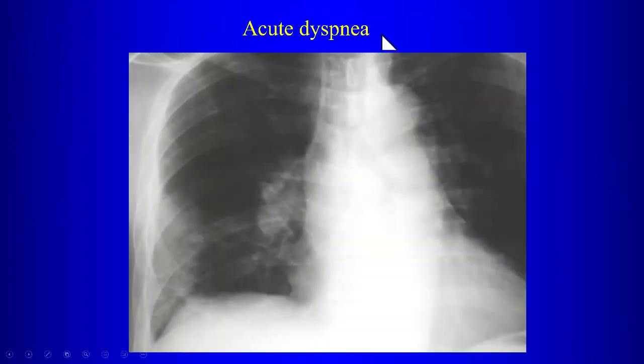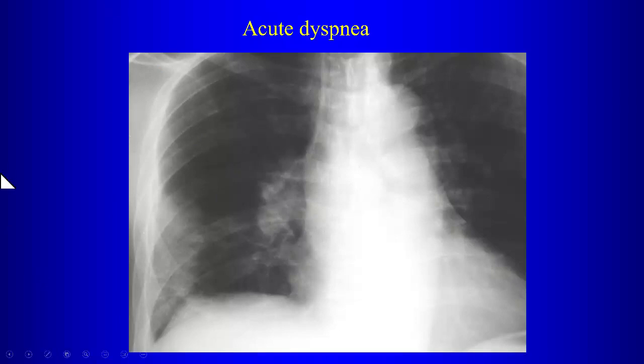Okay? Patient's acutely short of breath and has this chest radiograph. What's abnormal? Peripheral opacity. Yeah, you have a peripheral opacity here. Anything else abnormal? Yeah, that right hilum looks pretty juicy, right?